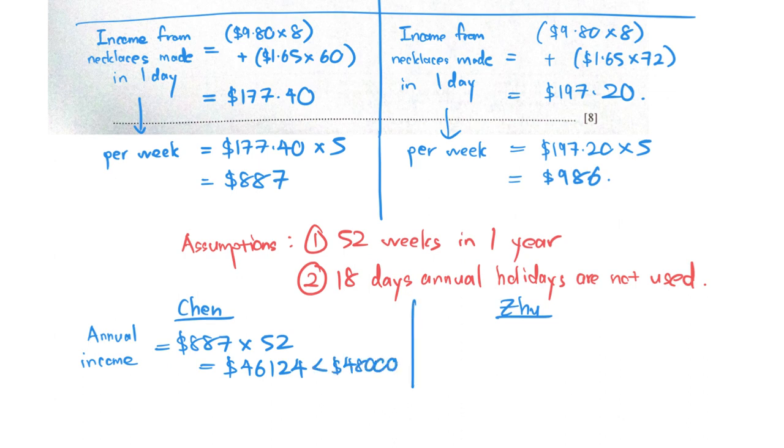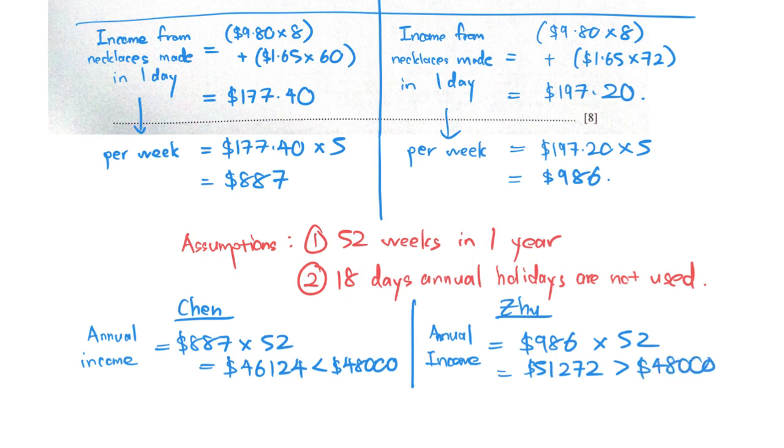This is even with working a full year every single week without any leave. Whereas for Zhu, it will be the better rate of 986 times 52 weeks. So we will have $51,272, more than the advertised 48,000.